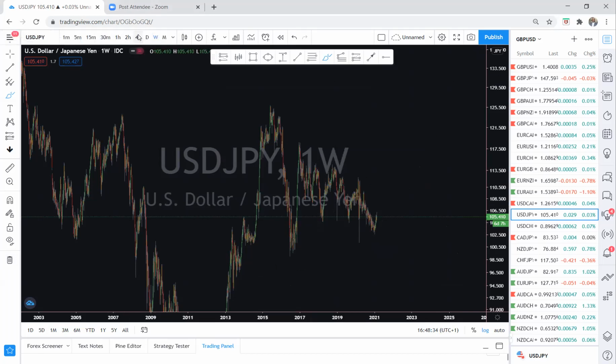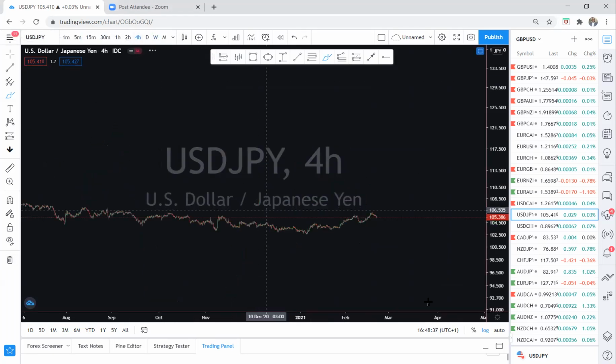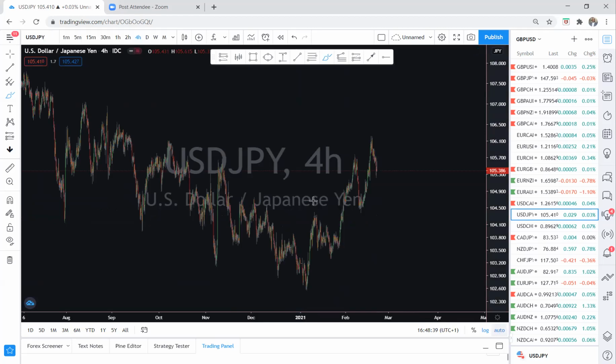Then let's go to 4 hours to know if we have a structure, if we have a trade setup for USD JPY. Now we don't need a trend line, but we can use it as a guide. Here we took a trade from here to the upside.